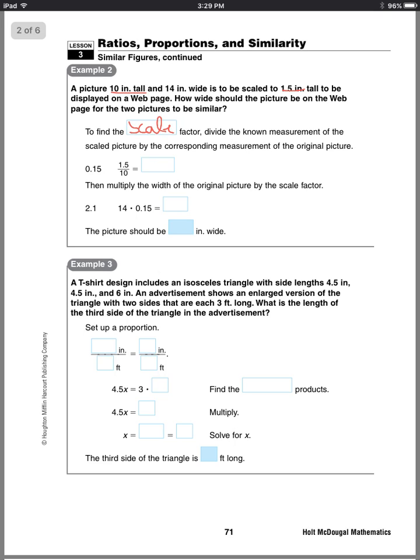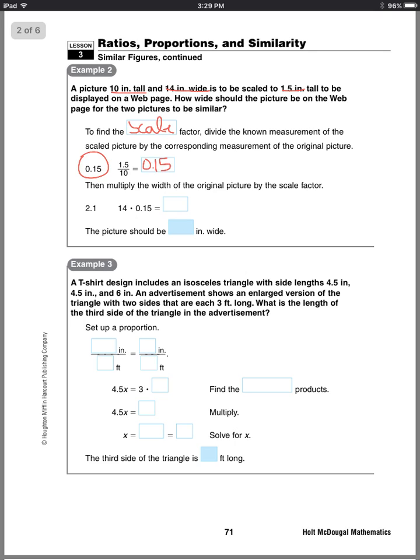So we take 1.5 over 10 and we get 0.15. So when we divided 1.5 by 10, we got 0.15. I don't know why they put that right there because that was a little bit confusing. And then you multiply the width of the original picture by the scale factor.